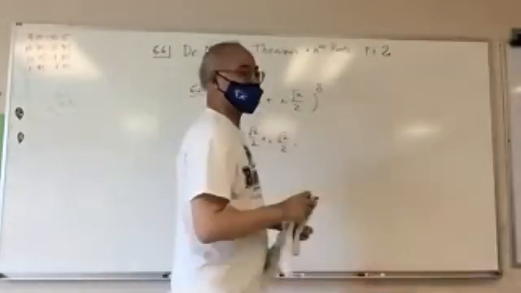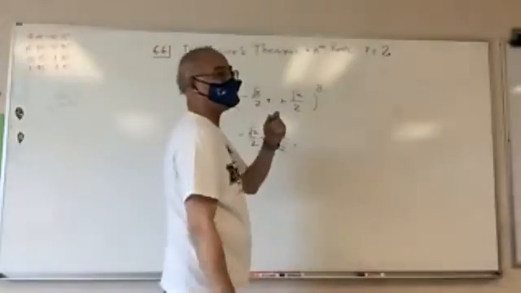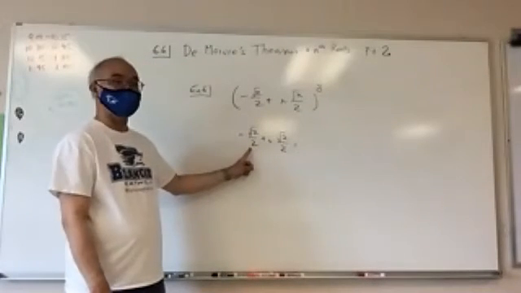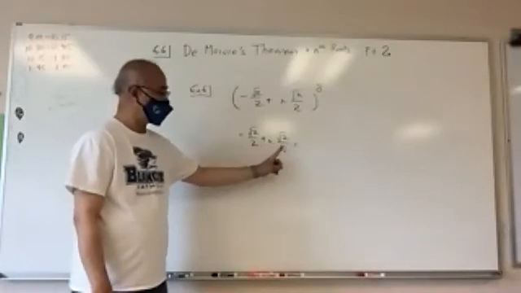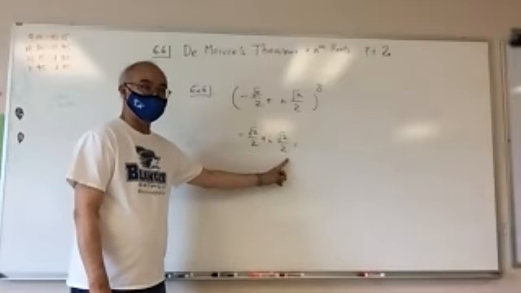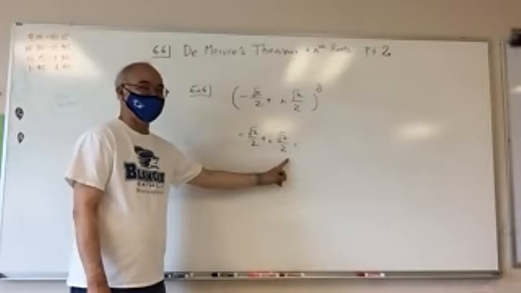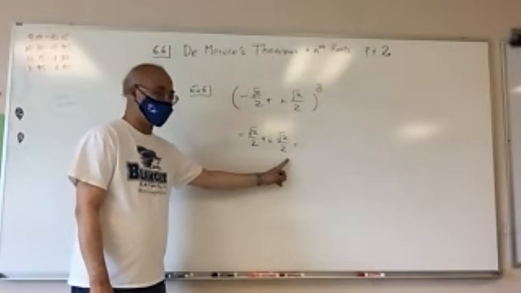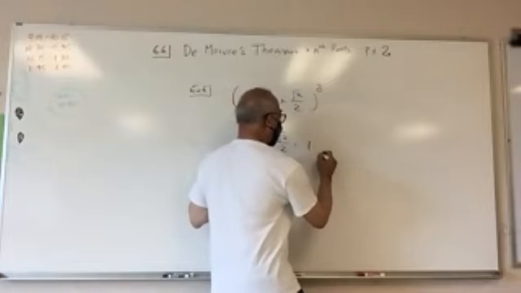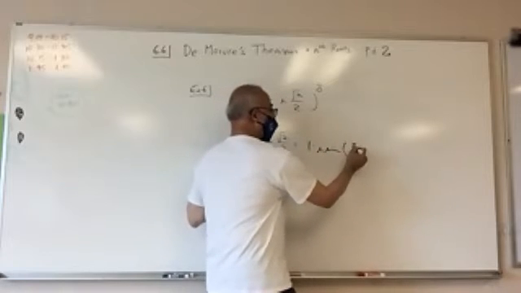Because the modulus or the magnitude is 1, right? Now I need to find the argument or the angle. Cosine is negative, sine is positive. Which quadrant? Second, right? Second, okay? So this is going to be 1 times cosine plus I sine, second quadrant.